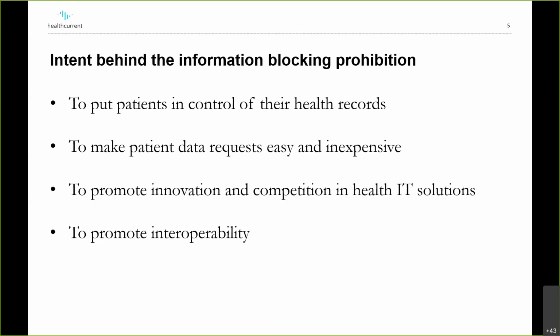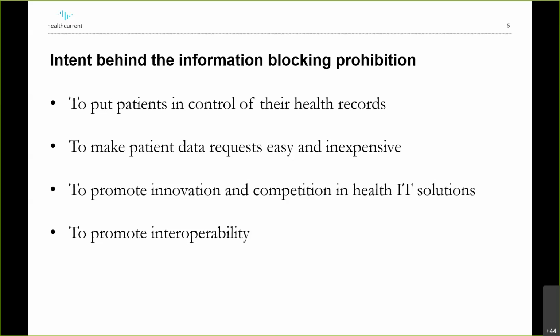So Congress's intent behind this rule that we now have today, back in 2016, was to accomplish a couple of things. Overall, the real goal here is to put patients in control of their health records, to make patient data requests easy and inexpensive, and to promote innovation and competition in health solutions, which for providers means freeing you up so that if you want to change health IT vendors or health IT systems that you're using, you can do so without being trapped by opportunistic vendors who might make it difficult for you to move your electronic health information.